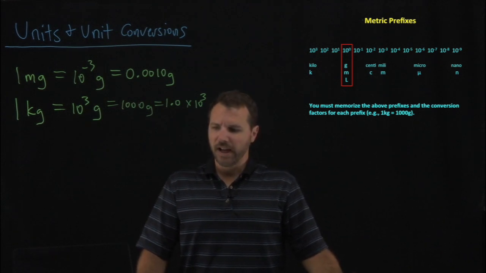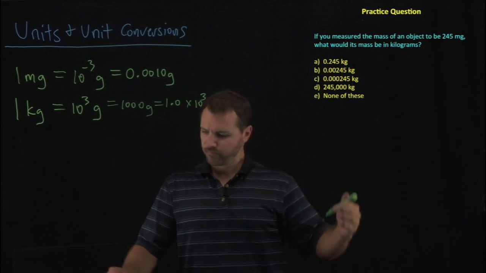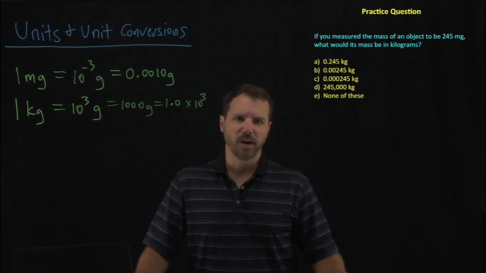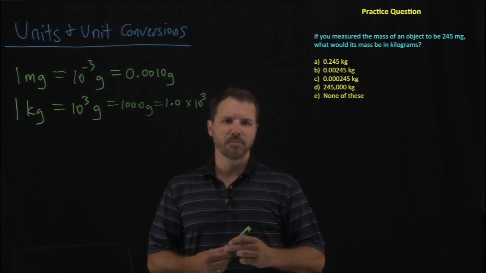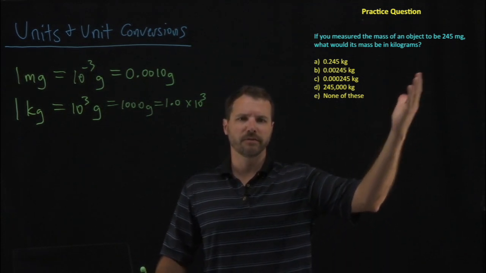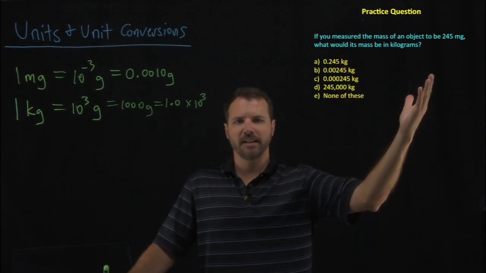So what I want you to do now is work on this practice problem. So now we have a practice problem where I want you to take the mass of an object that was found to be 245 milligrams, and I want you to express that in kilograms.